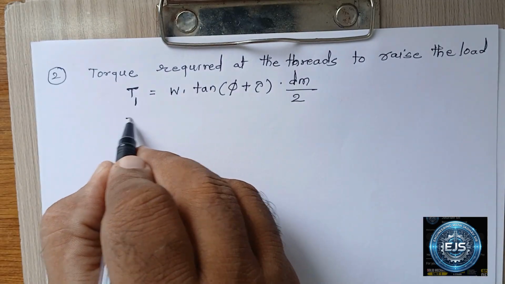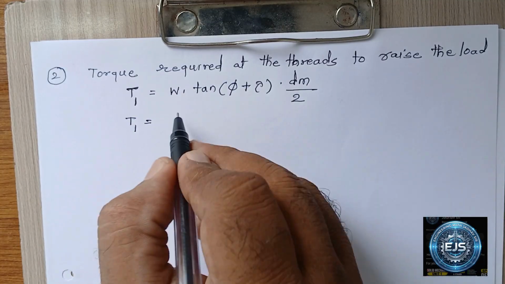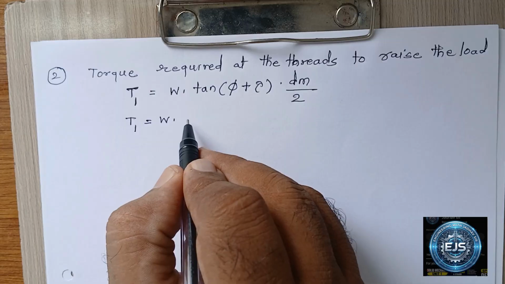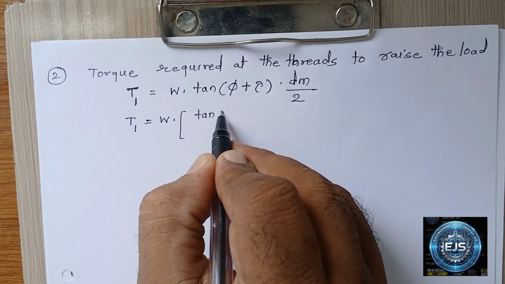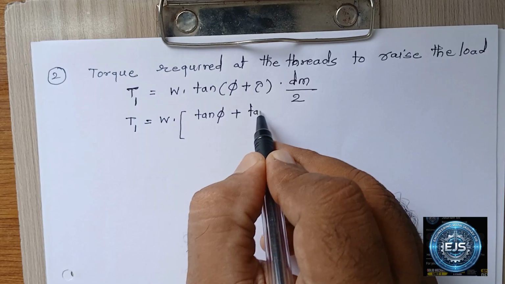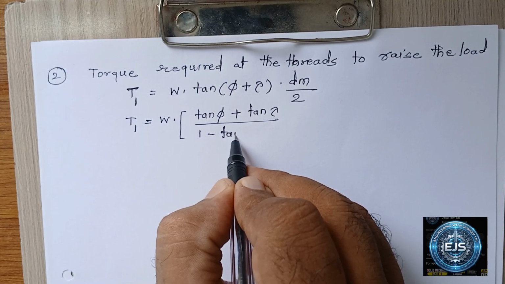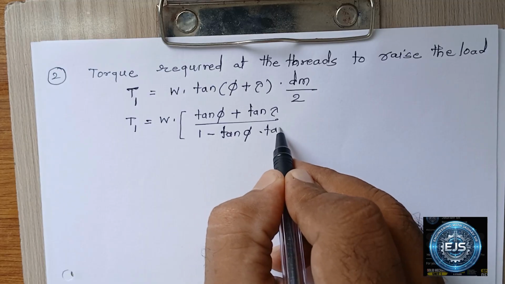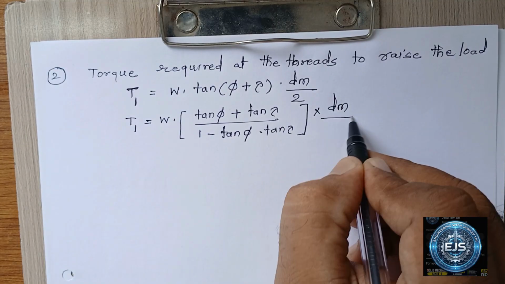So T1 is equal to W into tan of phi plus lambda, which we can write as tan of phi plus tan of lambda upon 1 minus tan of phi into tan of lambda, multiplied by dm by 2.